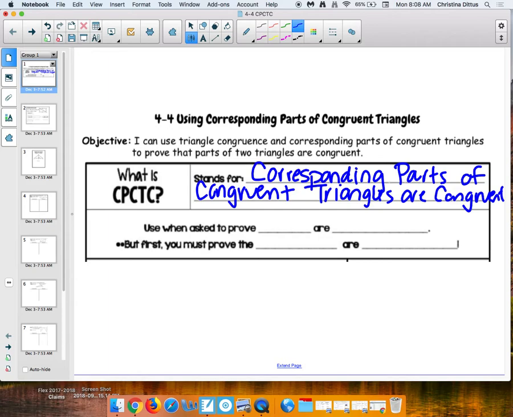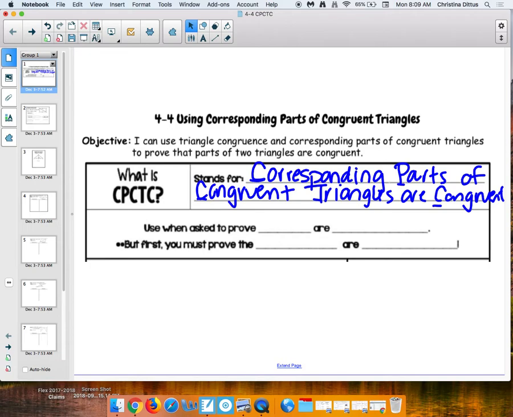Is that supposed to be congruent? Yeah. The corresponding parts of congruent triangles are congruent.